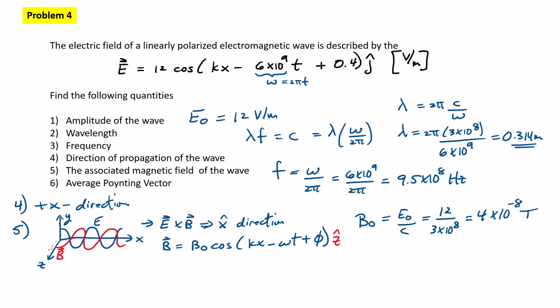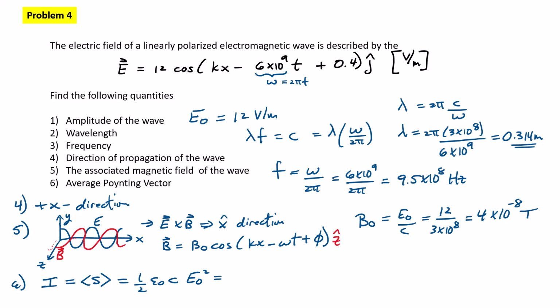Then question 6 asks, what is the average Poynting vector? The definition of the average Poynting vector is the intensity. So if someone asks you for the average Poynting vector or the intensity, they're the exact same thing. The expression for that is 1/2 epsilon 0 c multiplied by the electric field amplitude squared.